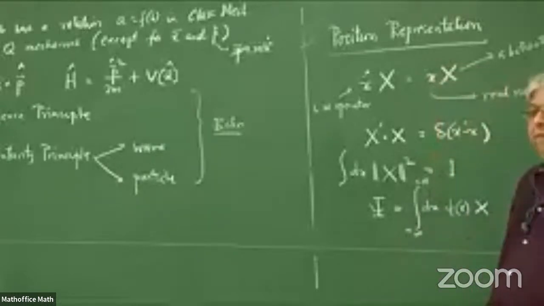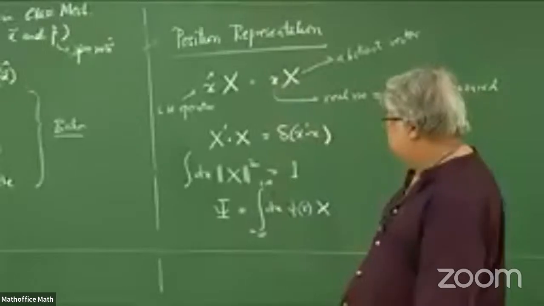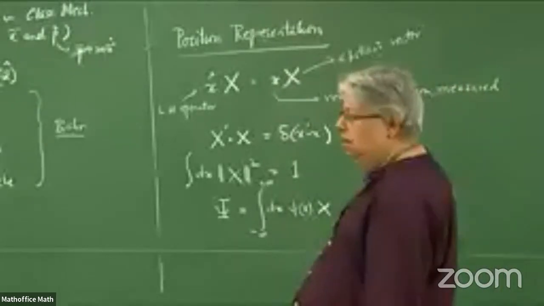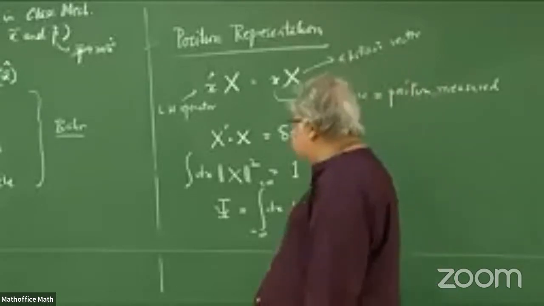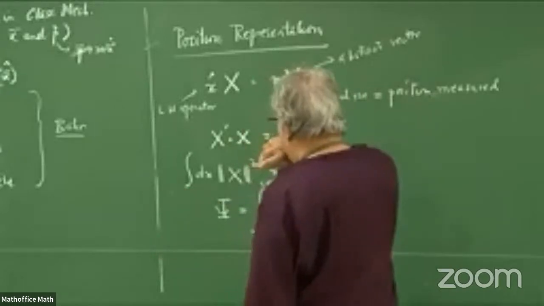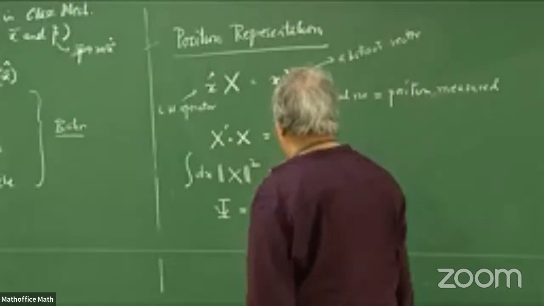No, probably confused by a notation. X prime means the position wave function with the position eigenvalue small x prime. Yes. Okay. So if I replace capital X prime by capital X, then on the right side my small x prime is small x now.